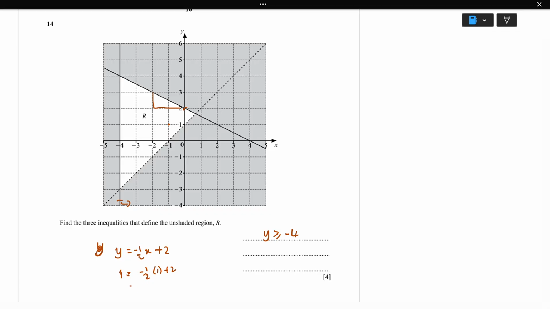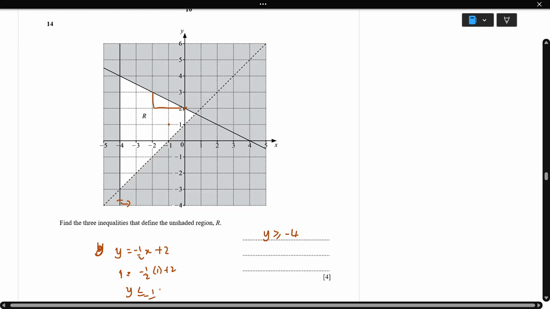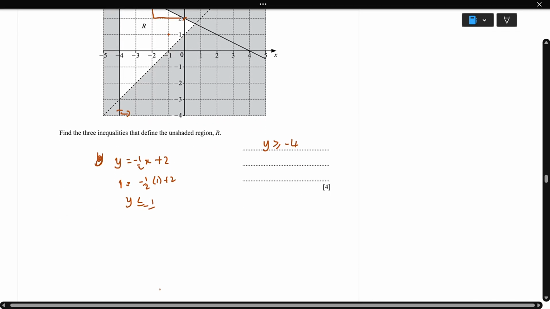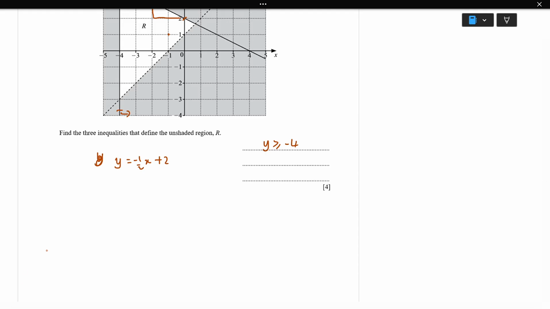So we will write y less than or equal to minus 1 by 2 x plus 2.